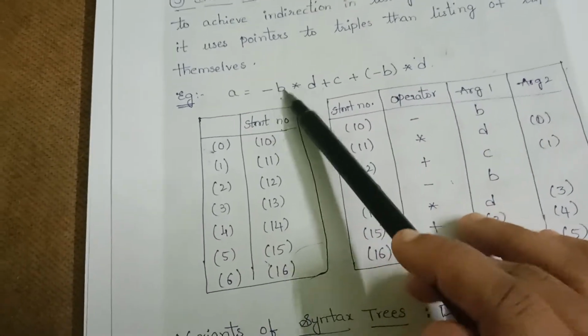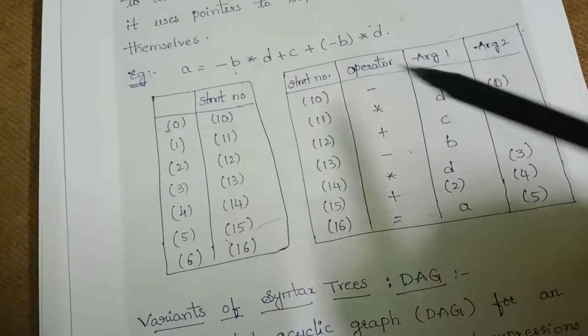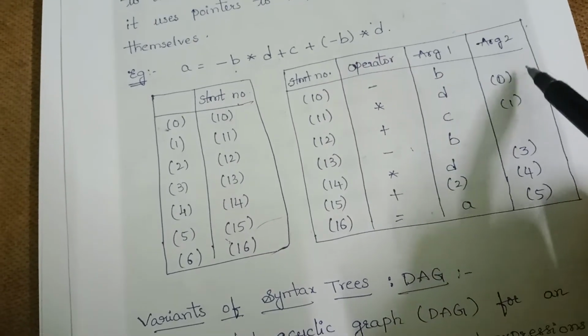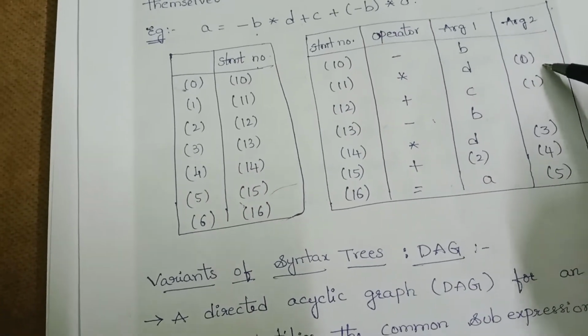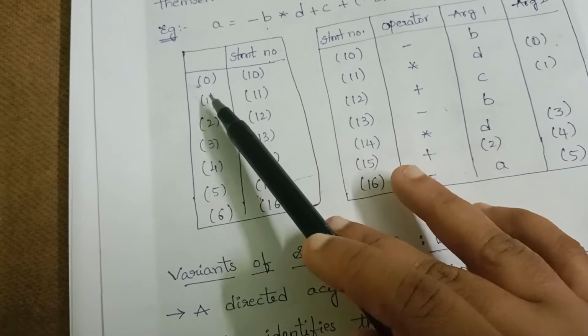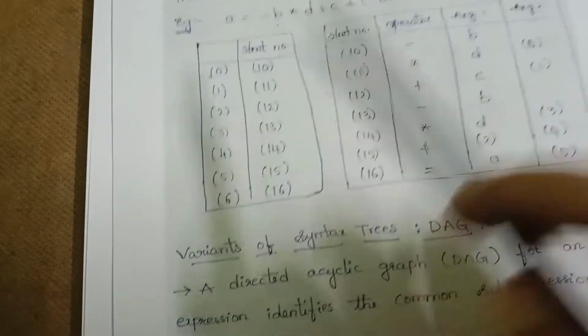And so this minus B is completed, and next star D. So here the 0 value is nothing but the argument 2 we have taken. And next, in place of this 1 we are writing 11, 2, 12, 3, 13, and so on, 6, 16.